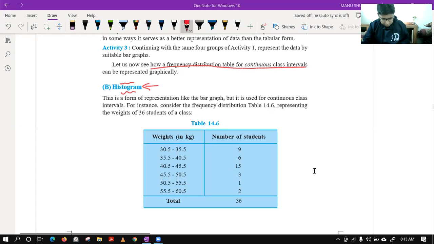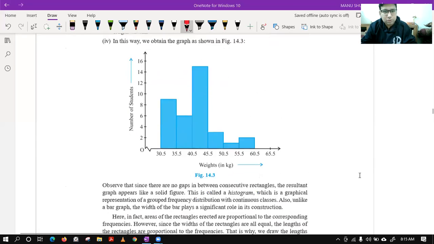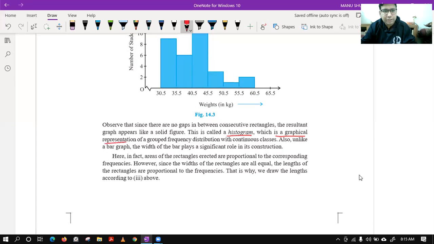For the definition part, we can take it from the book. I think it is somewhere here. Okay, so you can see it is here. Histogram is a graphical representation of a grouped frequency distribution with continuous classes.